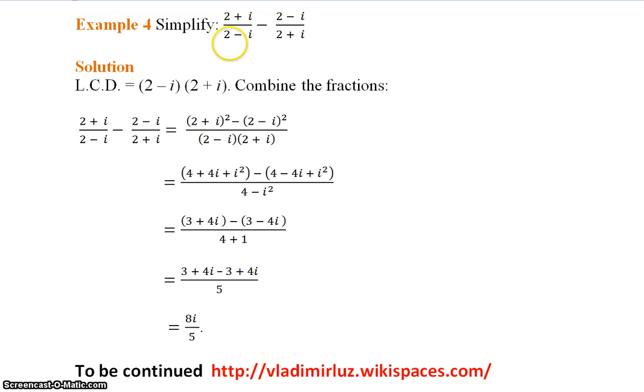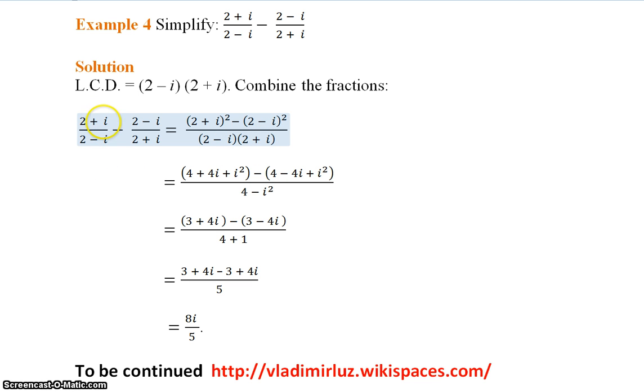We have to get these two fractions into a common denominator. The lowest common denominator is the product of 2 minus i and 2 plus i.